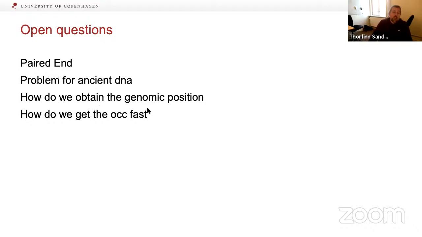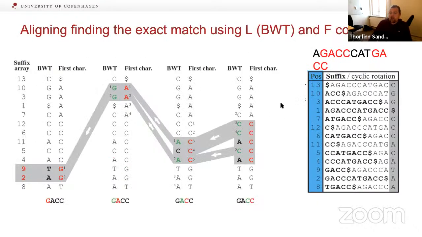Here we have said the genomic position, I kind of skipped that. The genomic position would be the value of our position in our suffix array. This is not a value that we keep because each character only takes up 1 byte, while each integer takes up 4 bytes. So if we wanted to store the position for each Burrows-Wheeler transform element, then that would be much larger than the data that we want to store ourselves.